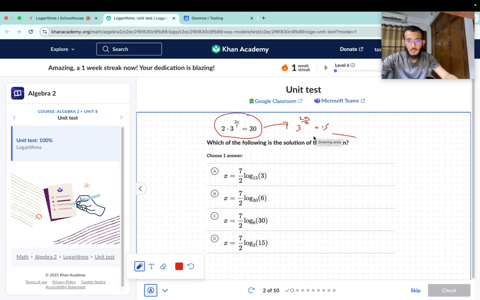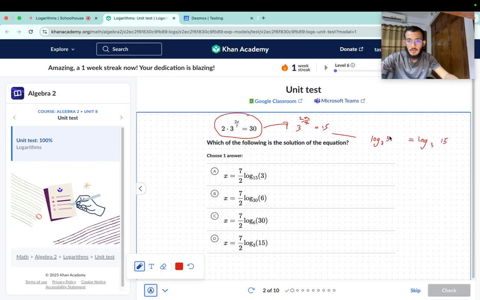Now I want a log base 3 to be introduced on both sides. So I'll write log base 3 of the entire thing equals log base 3 of 15.